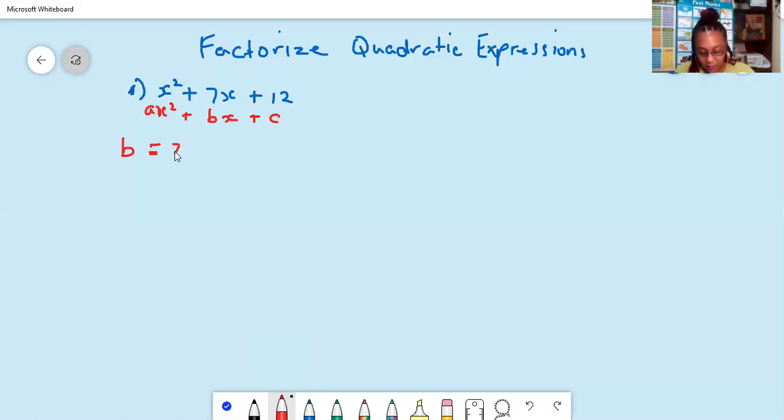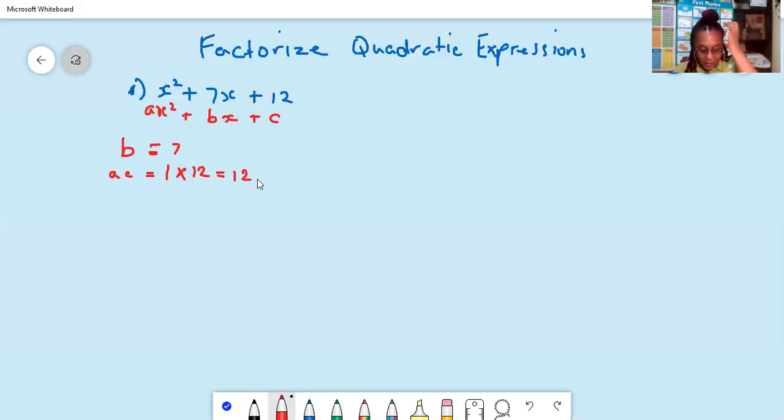For the product ac, a is represented by 1 and c is represented by the number 12. So a multiplied by c would be 1 by 12, which will give you 12.